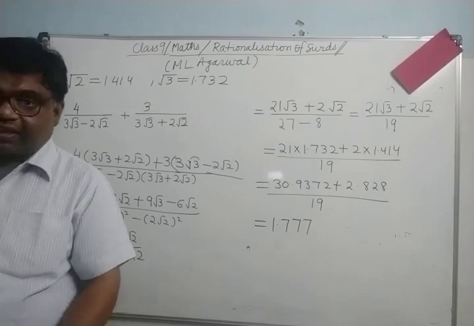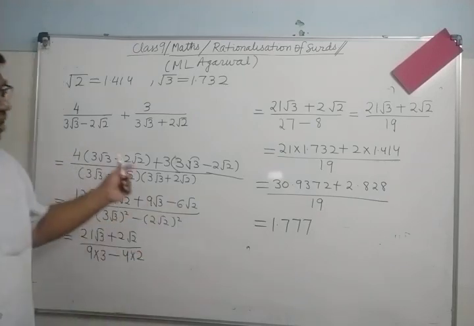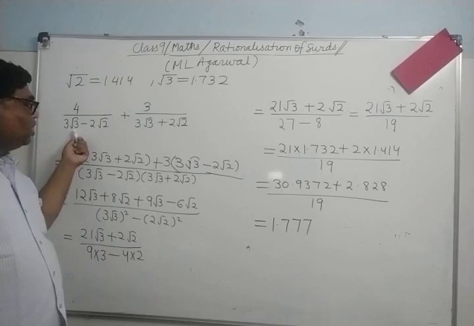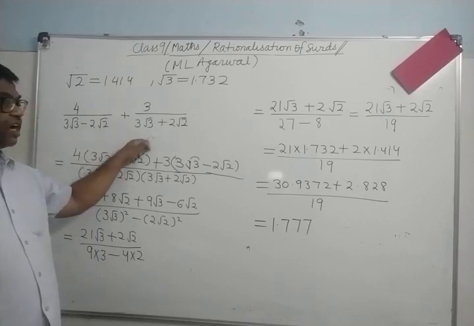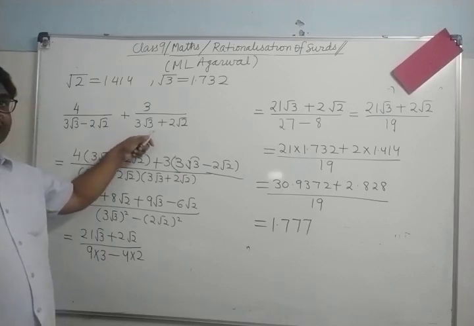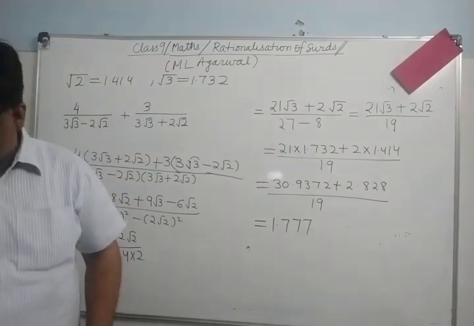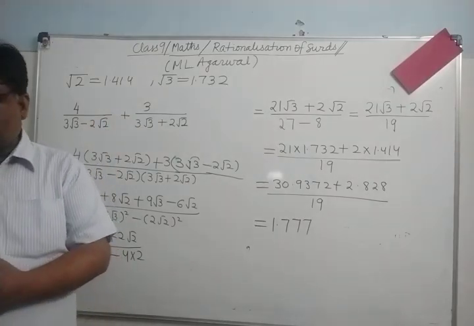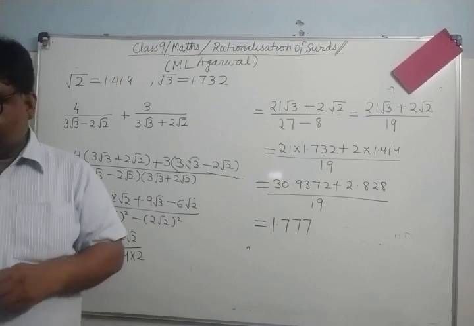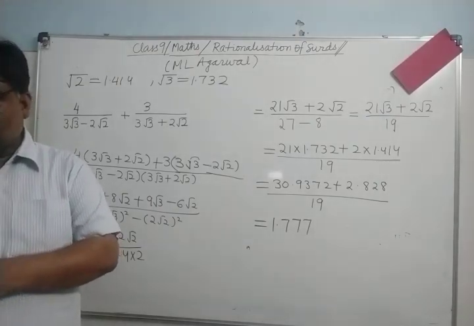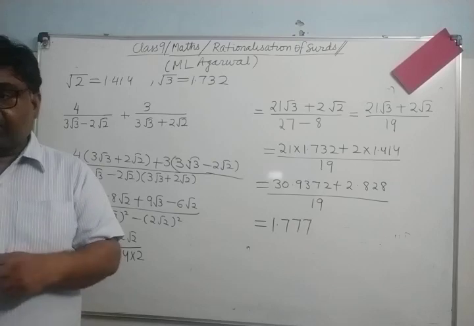So if the expression is like this, and the denominator of one fraction is the RF of the other, and the denominator of the other is the RF of this, then we will take the LCM. In that case, we will take the LCM. It's clear? And if it is not so, then we will simplify separately.